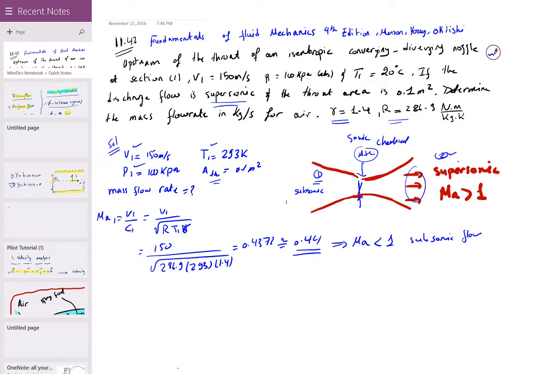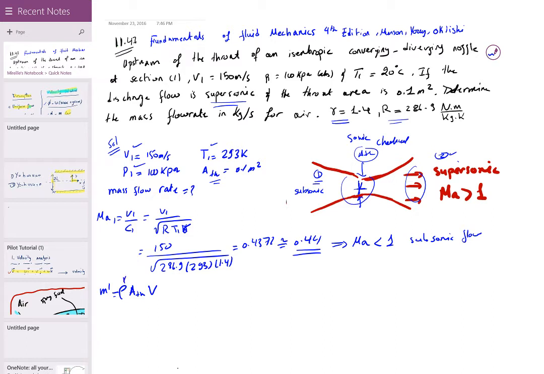So to find the mass flow rate, I am given the area at the throat, I need the density at the throat, and I also need the velocity at the throat. Now since it must be sonic, that is to say the Mach number must equal 1 at the throat, I'm dealing with a critical state problem.